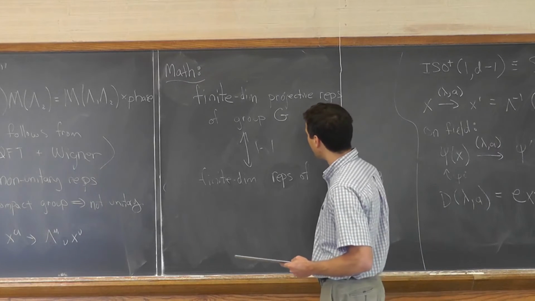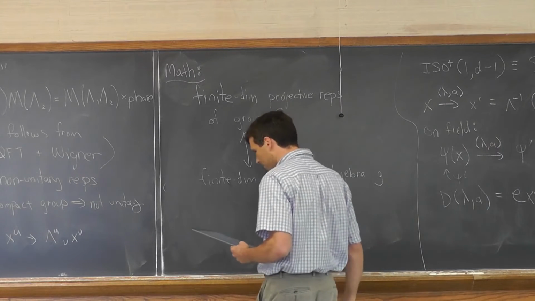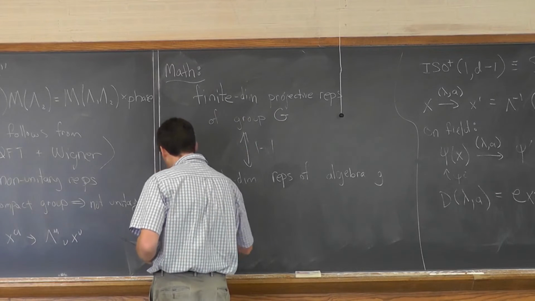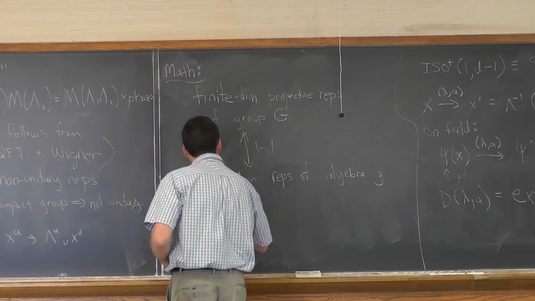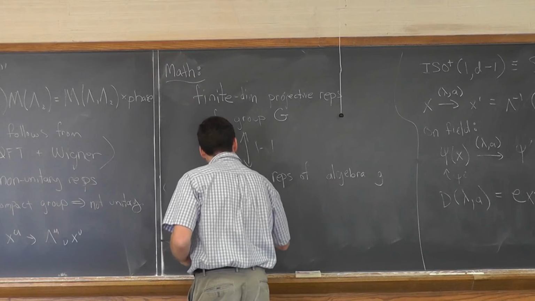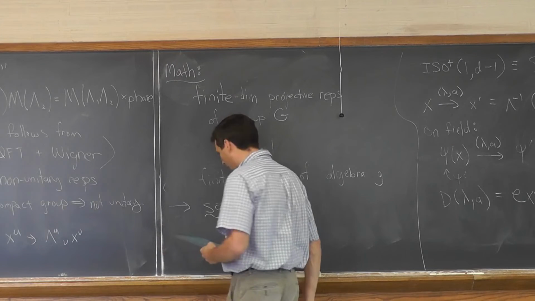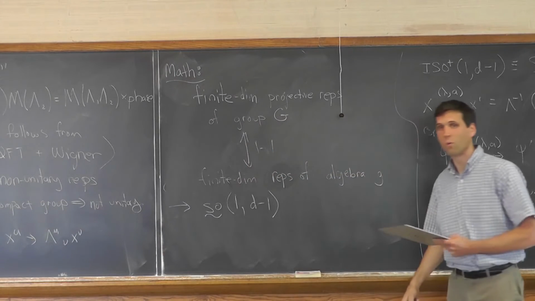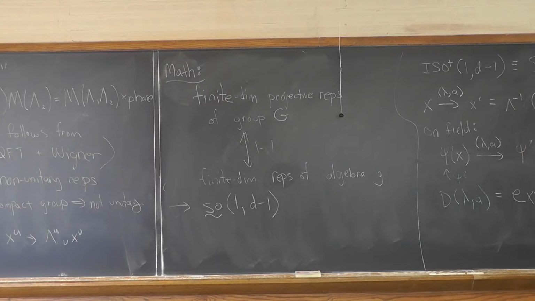Okay, so in this case, what that means is that after all that, what we're really supposed to do is just forget about the group and focus on the algebra. This is the fact that in physics we care about projective reps.